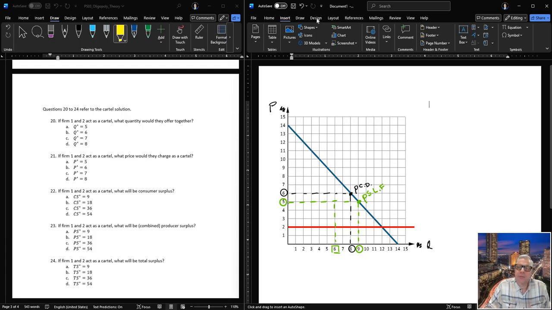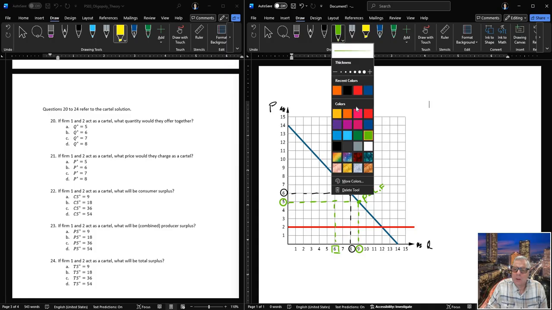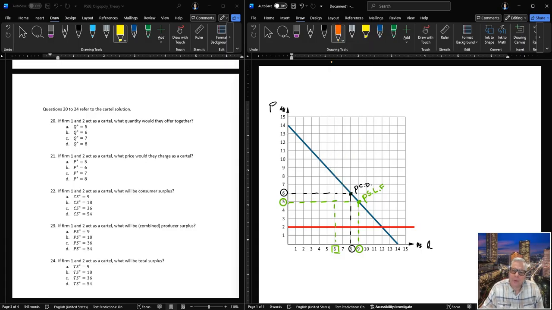Okay, so I have to draw it by hand. Let's do the marginal revenue in orange. Okay, it's twice as steep, so it cuts through 7. So here, that's the marginal revenue function, twice as steep.